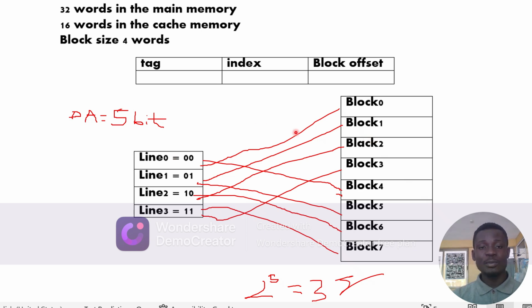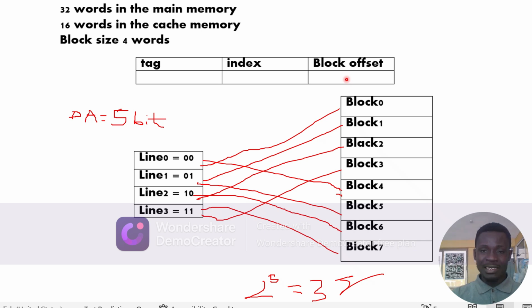The index will direct us to the specific line in the cache memory in which we can find the address. And the block offset will show the specific word we are looking for in the address which the tag specifies for us.